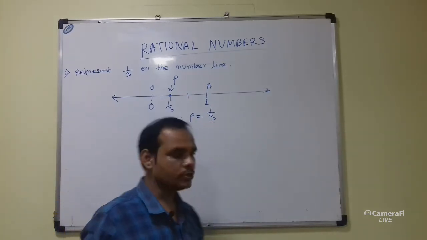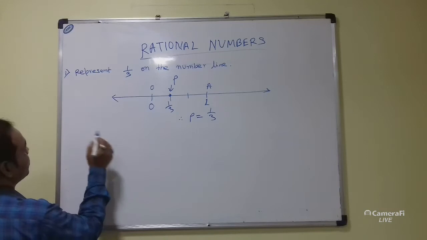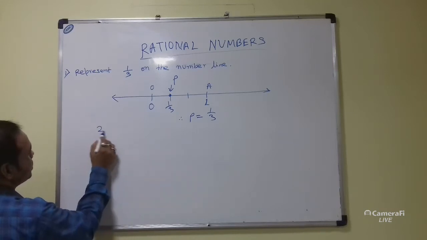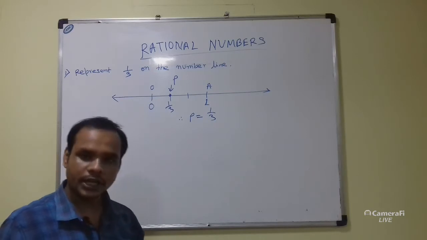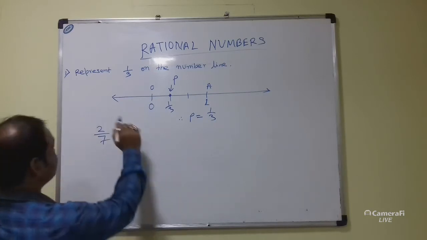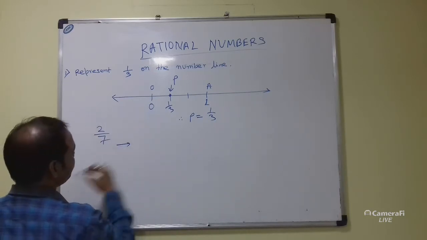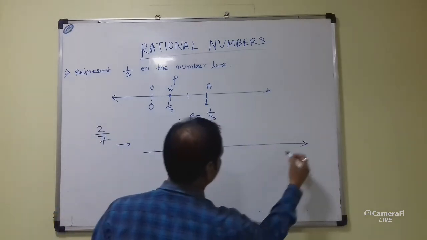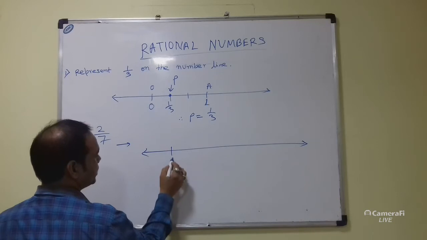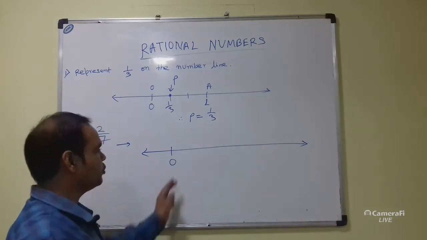I hope you understood. Similarly, if I ask you to represent 2/7 on the number line, how will you represent it? At first you have to draw a line and then set a unit value.